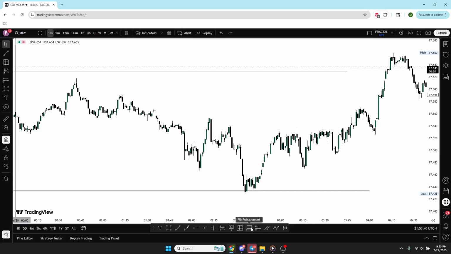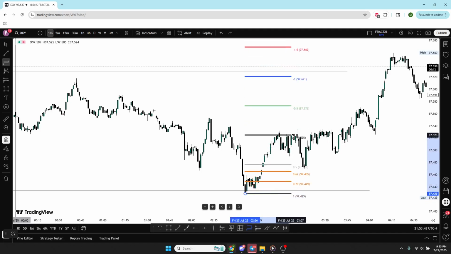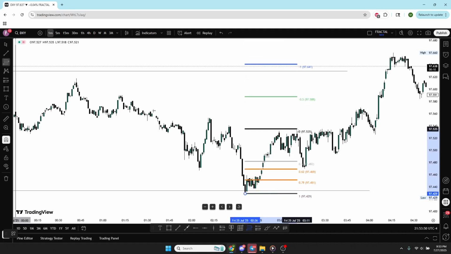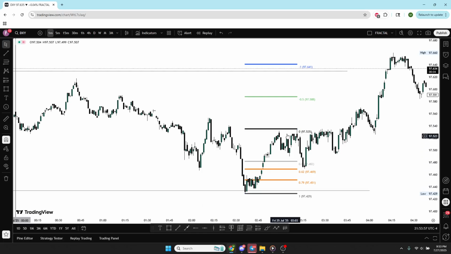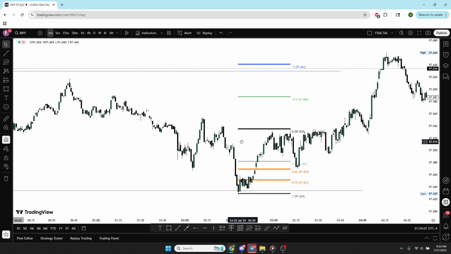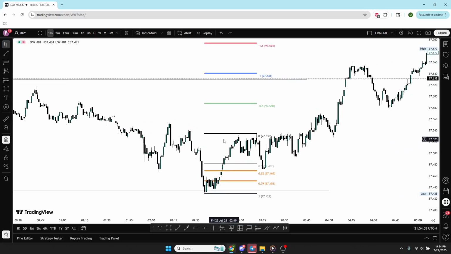So we're going to grab a Fibonacci retracement tool and grab it from that strong move up, which I'll just grab from here and we'll bring it up to the high. So from this low to this high, that's our strong move up for the range on the 1-minute chart, because we broke the structure and we're still bullish on an hourly, a daily, and even a weekly.